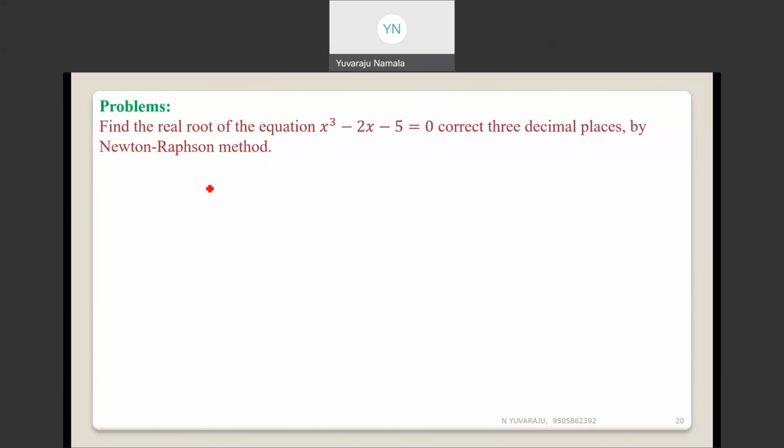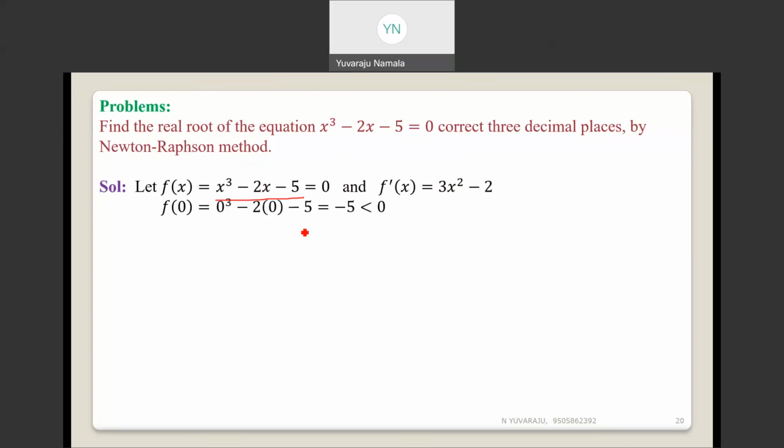First of all, the given function is f of x is equal to x cube minus 2x minus 5 is equal to 0, and f dash of x is equal to 3x square minus 2, the differentiation of this function.